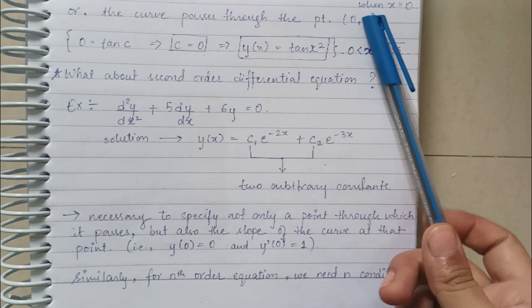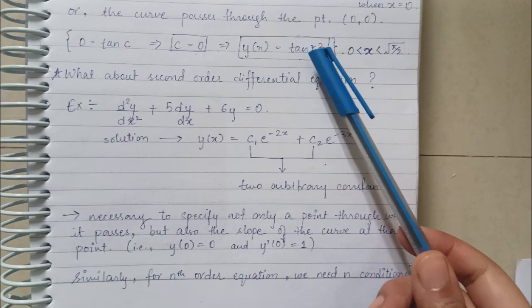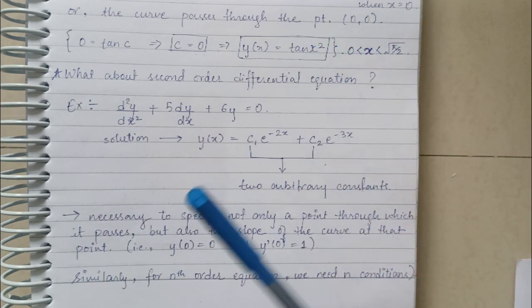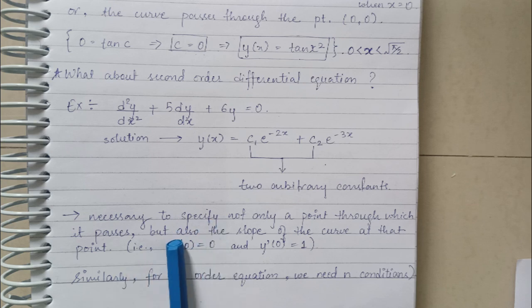Here we had only one point through which the curve was passing, but now we need two conditions: first, the point through which the curve is passing, that is y(0) equals 0, meaning when x is 0, y becomes 0, and also the slope of the curve at x equal to 0.